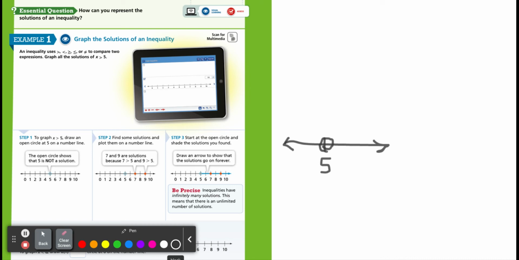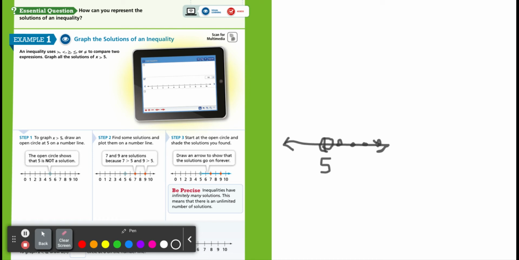But let's look at step 2. It says find some solutions and plot them on a number line. So if x is greater than 5, we could plot 6, we could plot 7, we could plot 8, we could plot 1,000, all numbers greater than 5. Could I plot 5? Would I want to make a colored in circle at 5?